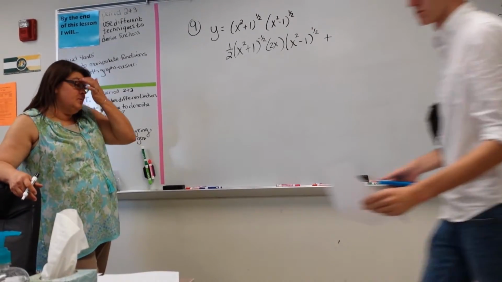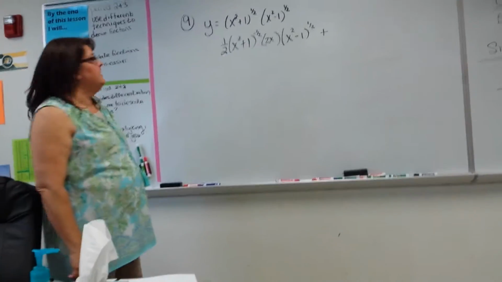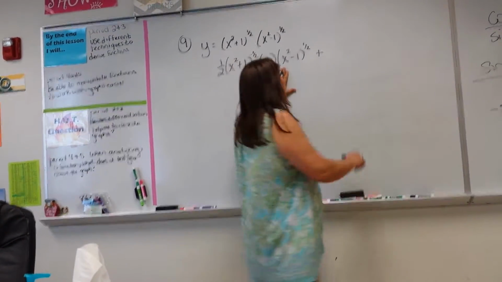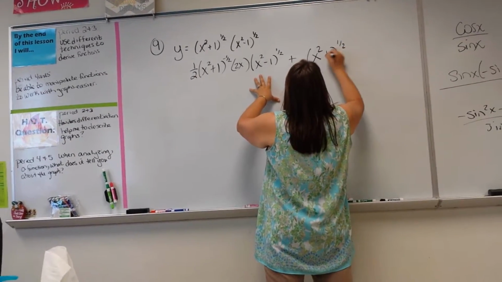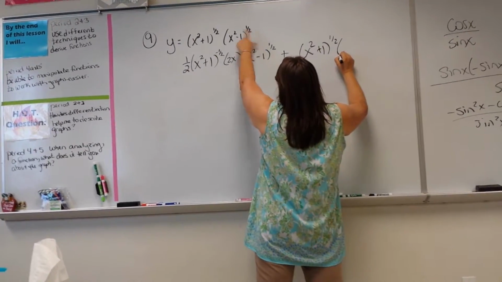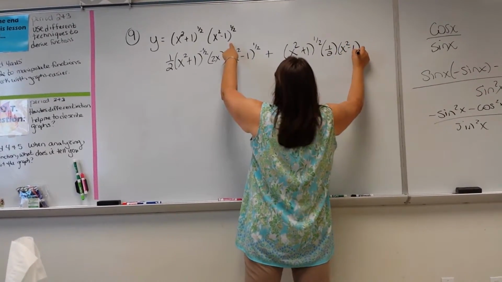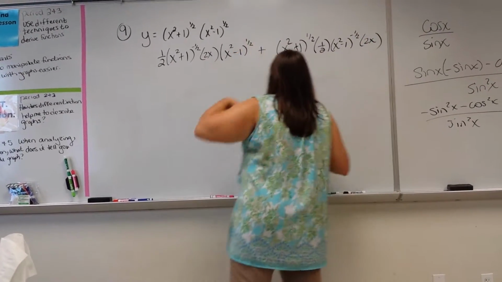The next one, so derivative of the first times the second plus the first times the derivative of the second, which is 1/2 times x squared minus 1 to the negative 1/2, times 2x. There's a lot of twos.